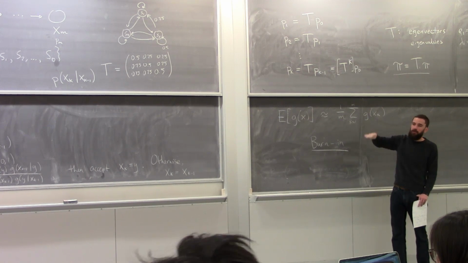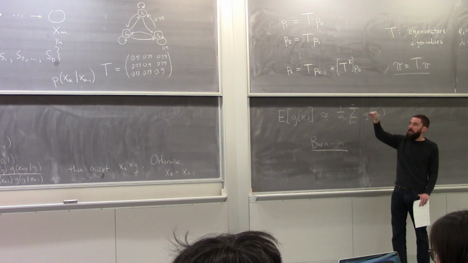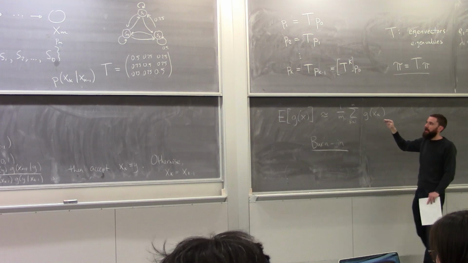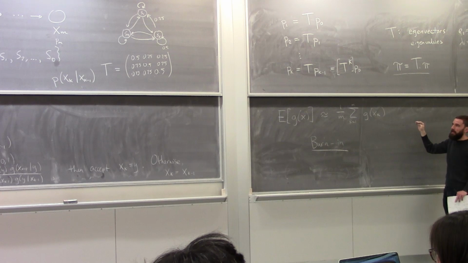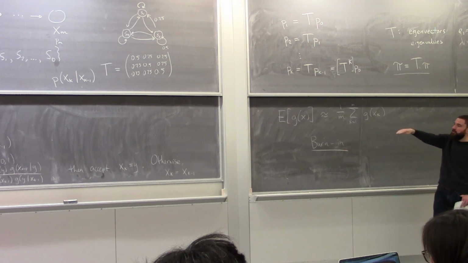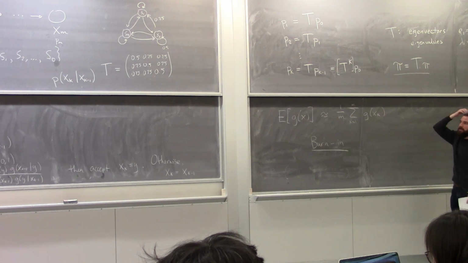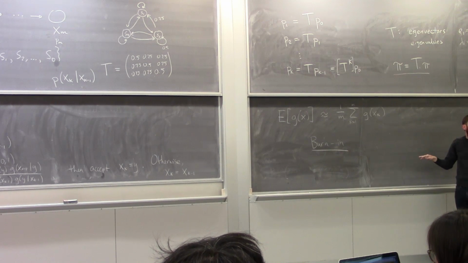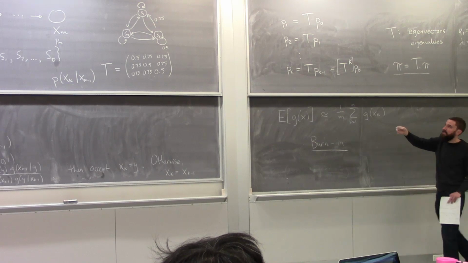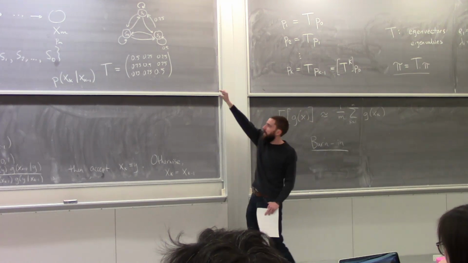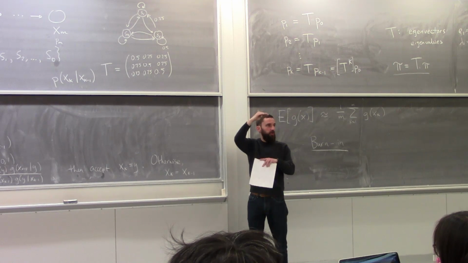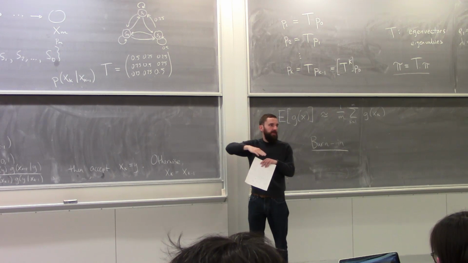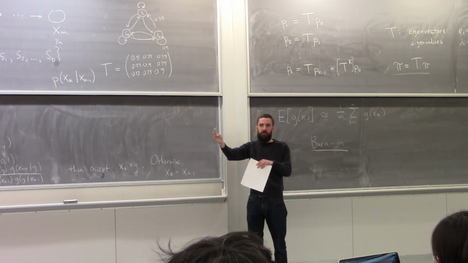But if I run parallel chains and they all randomly initialize differently, then I look at, instead of just one sample at a time, each chain jointly together and see whether they look like they're coming from the same distribution over some stretch of time.